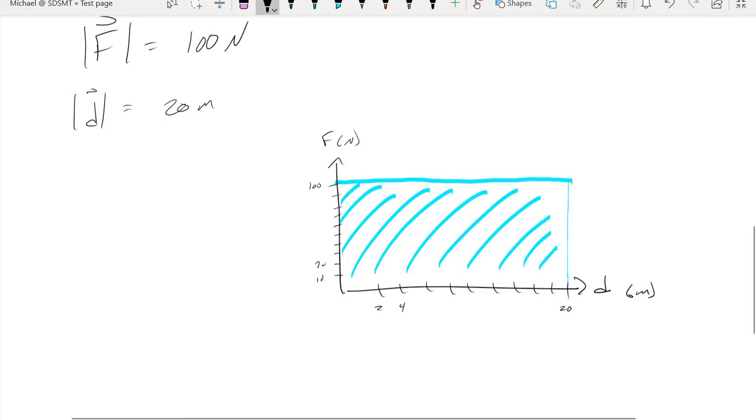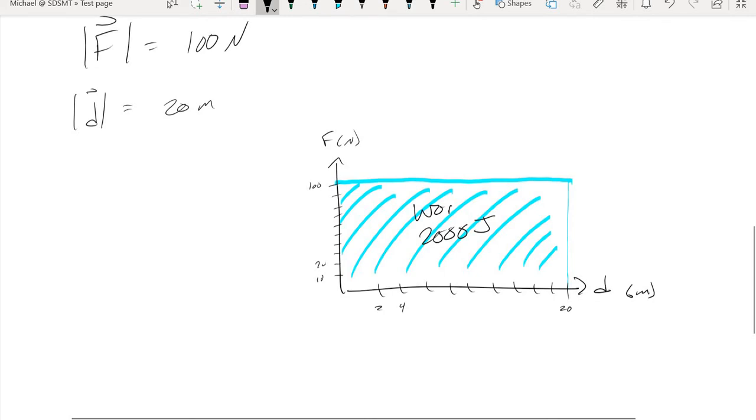This is really easy for us to do because the area underneath this force graph is just a rectangle, and the rectangle has dimensions of 100 by 20, and so we get an area of 2,000. Combining the units of newton meters, that becomes 2,000 joules.